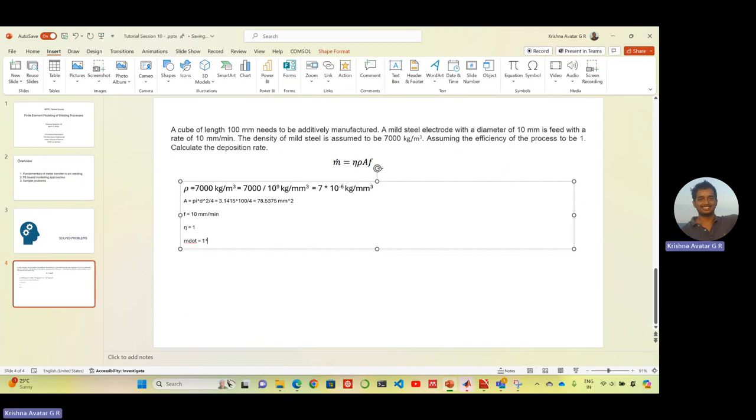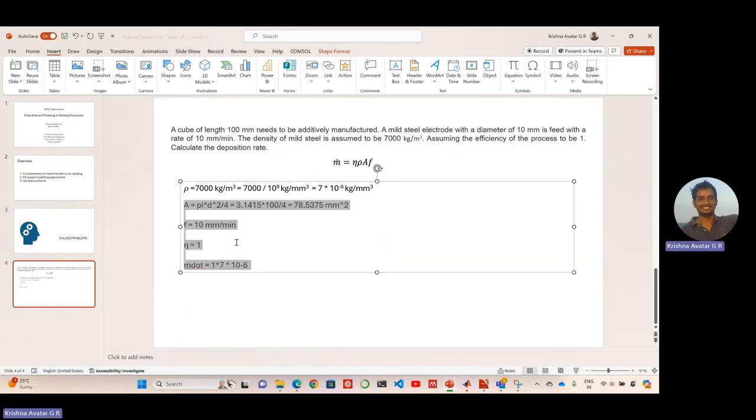So eta is 1, and rho is 7 into 10 power minus 6 kg per mm cubed.